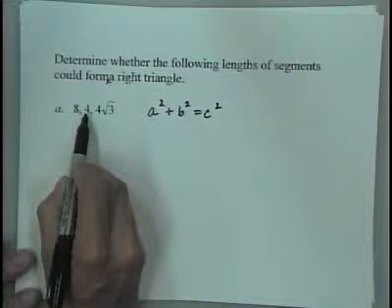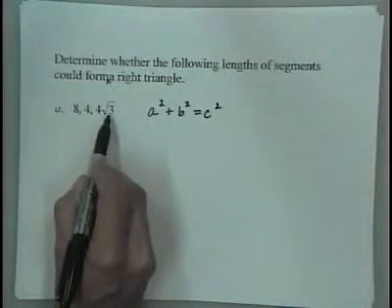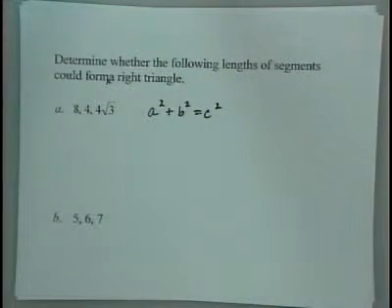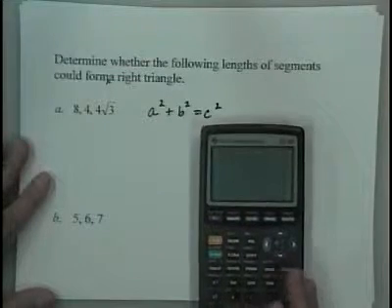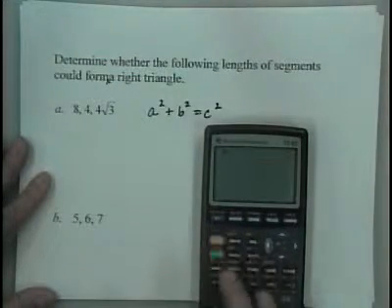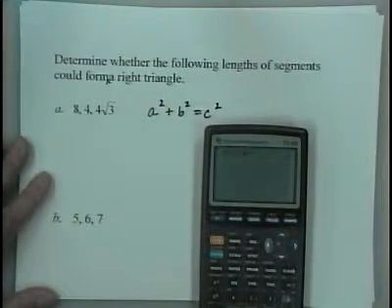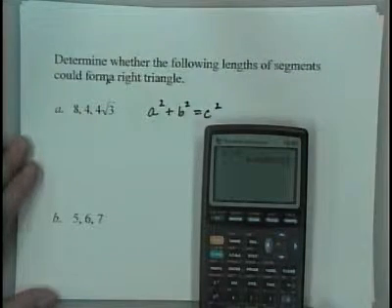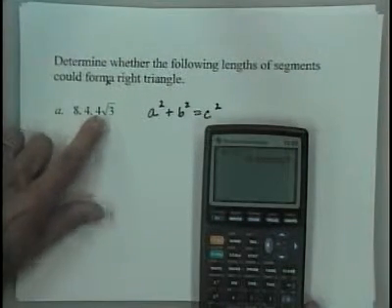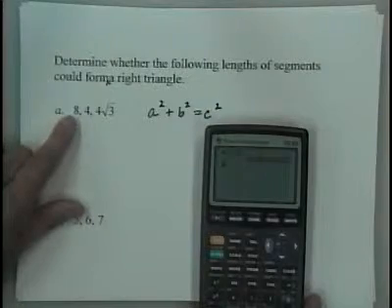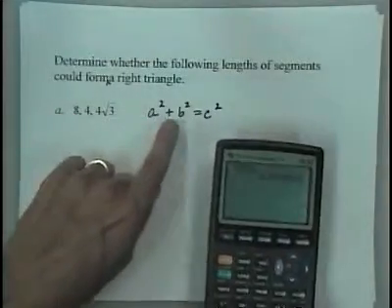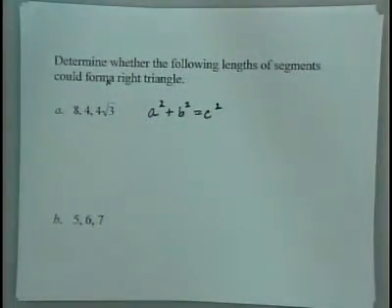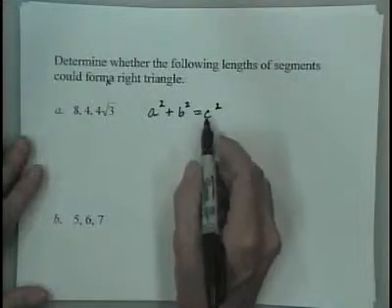It's clear that 8 is bigger than 4, but what about 4 square roots of 3? You can check that before you begin by finding 4 square roots of 3 on your calculator. That's 6.928, so not a number larger than 8, which implies that 8, if these 3 segments form a right triangle, would have to be the hypotenuse.